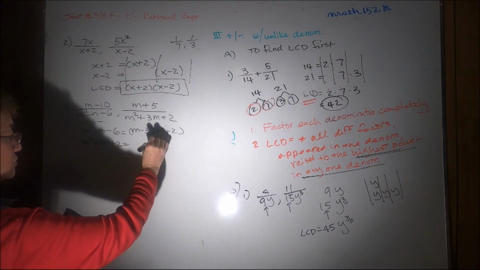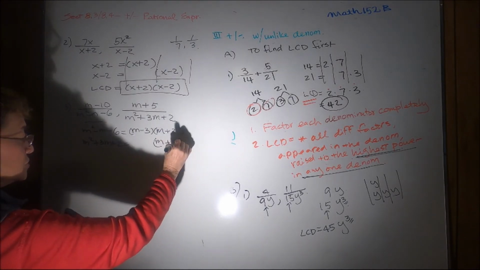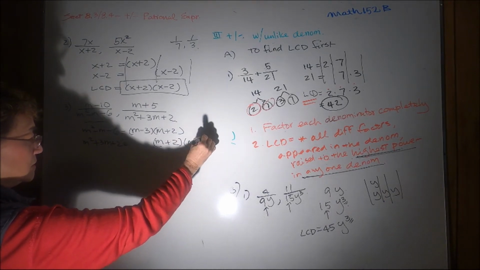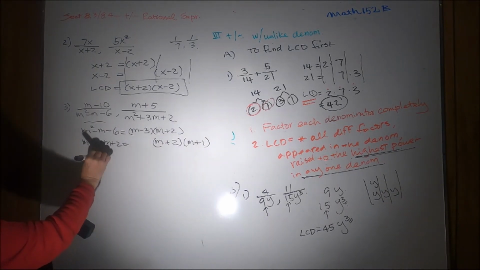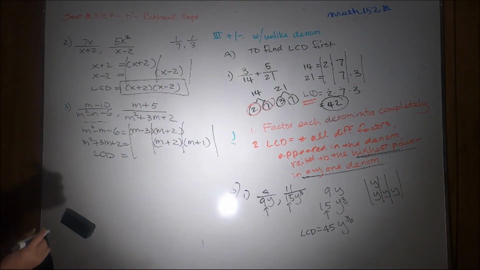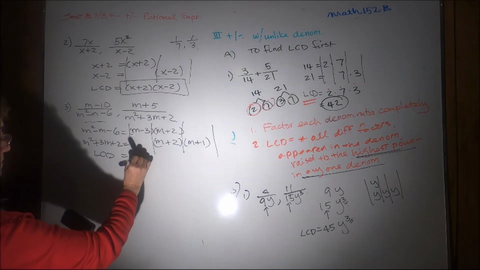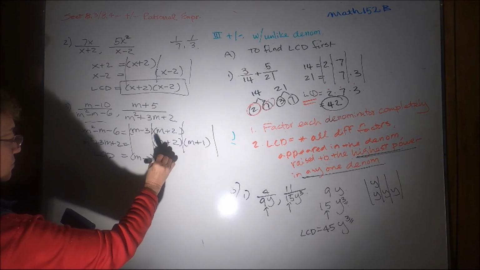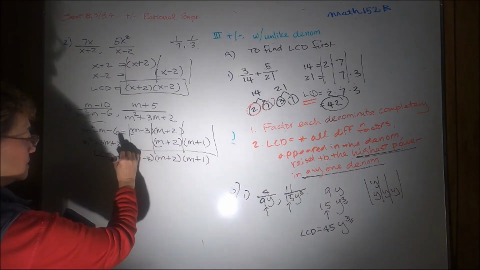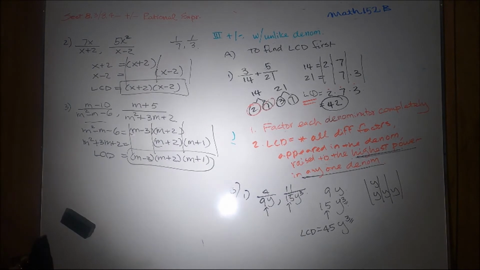Instead of doing that, you write it here. m plus 2 lined up with m plus 2. m plus 1 would be there, right? So your LCD would be, choose all of them. That would be m minus 3, m plus 2, m plus 1, right? So that would be your LCD.